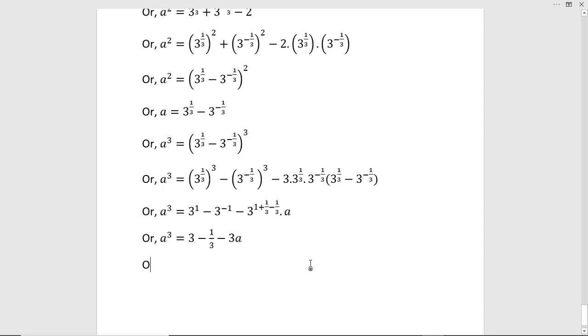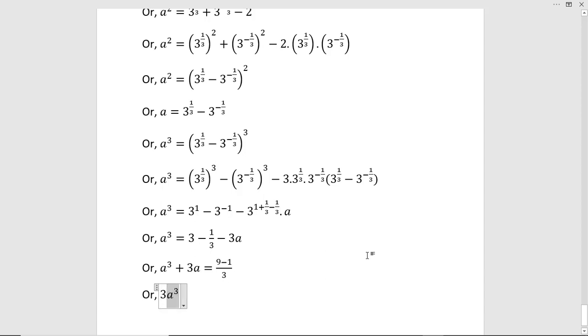Now if I multiply both sides with 3, we'll get, sorry, we have taken the minus 3 at the left side, and we will take the LCM of these two fractions, 9 minus 1 by 3.